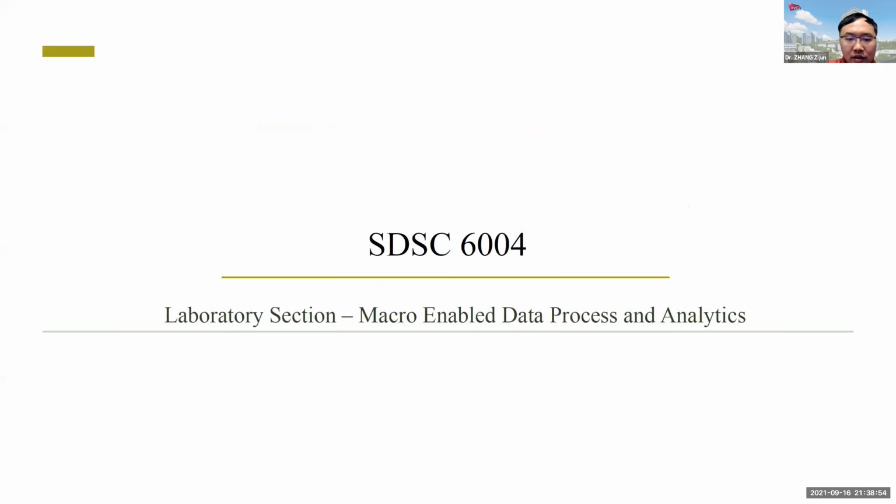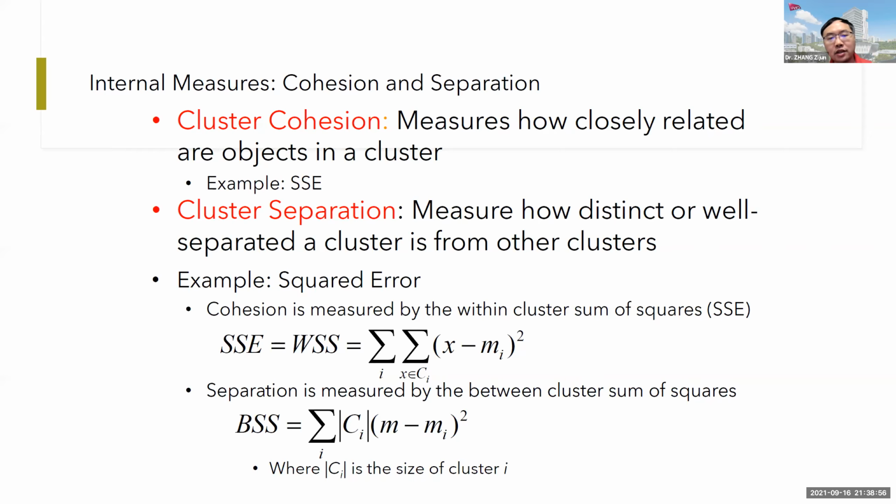And internal measures: cohesion and separation. Clusters can also be measured by cohesion and separation. Cluster cohesion measures how closely related the objects in a cluster are, that is, how dense the points in a cluster are.